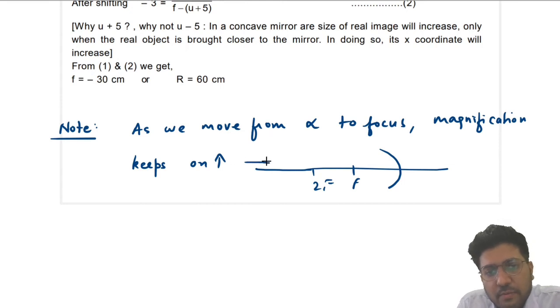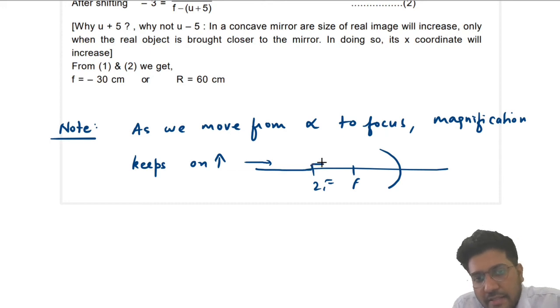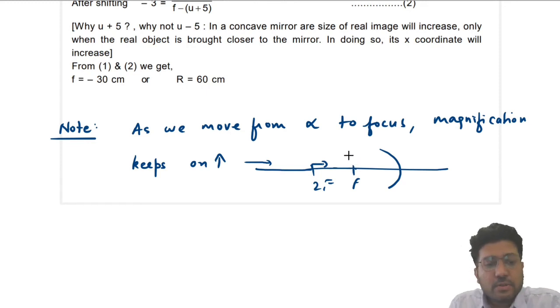But as we keep on moving, the magnification will increase. At 2f it will become 1, and inside this it will again increase. At f it will become infinite magnification.